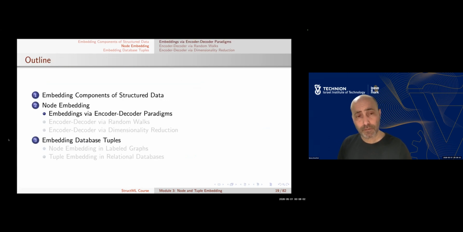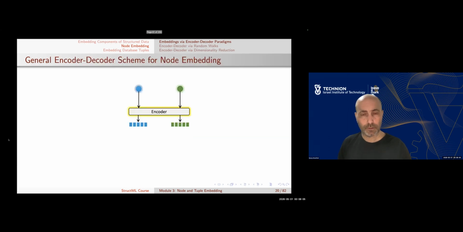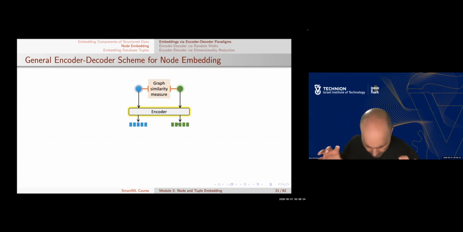Specifically, we're going to look at embeddings through the encoder-decoder paradigm. What is the idea? We have a pair of nodes, and we encode them through these embeddings, these vectors. What are we encoding? We encode a similarity between the nodes. We have some notion of similarity, and instead of writing the number, we say this is a representation of the blue node, this is a representation of the green node. Now we want to decode it.